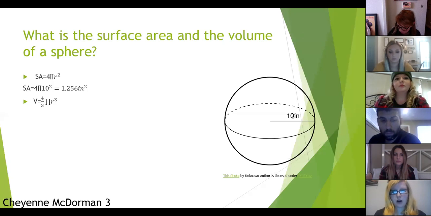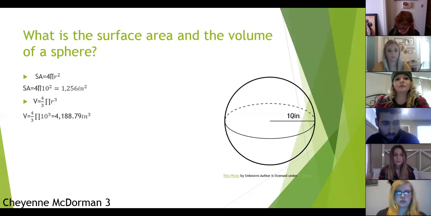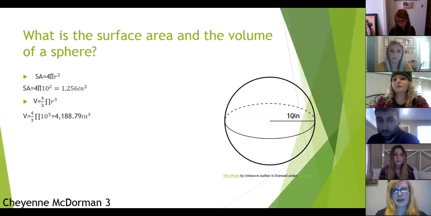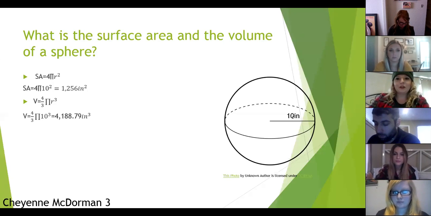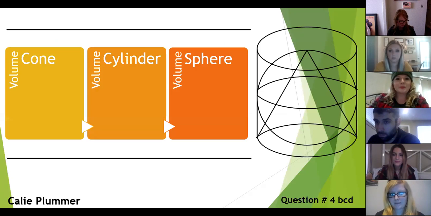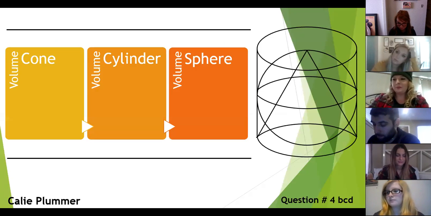To find the volume of the sphere, we need to use 4/3 times pi times r cubed. So it's going to be 4/3 times pi times 10 cubed, which will give us 4,188.79 inches cubed. Good job. Thank you. You're welcome.